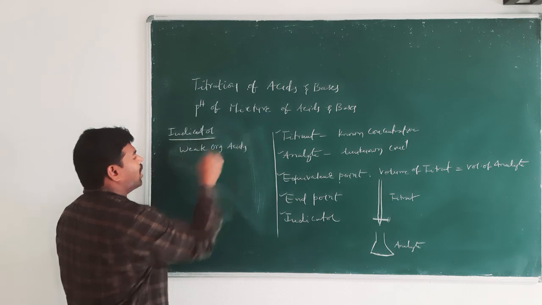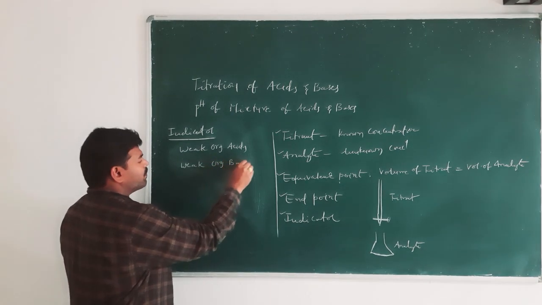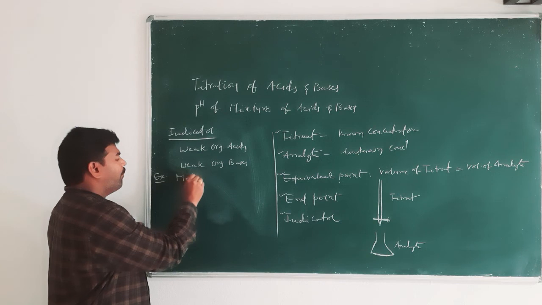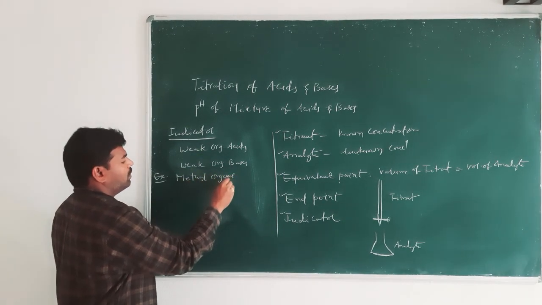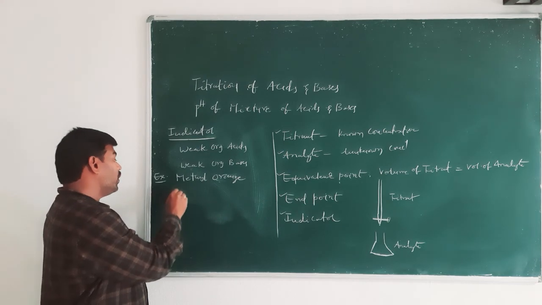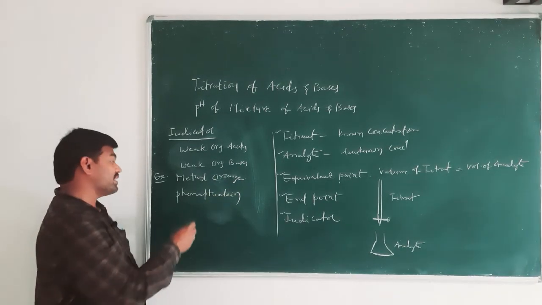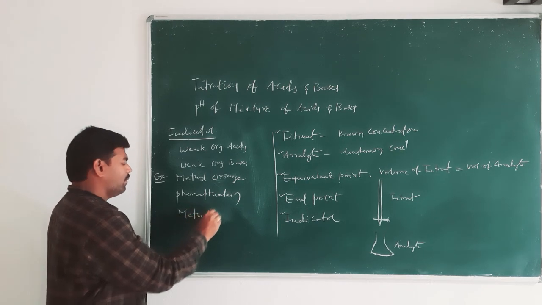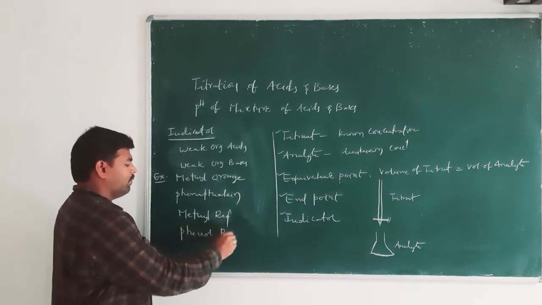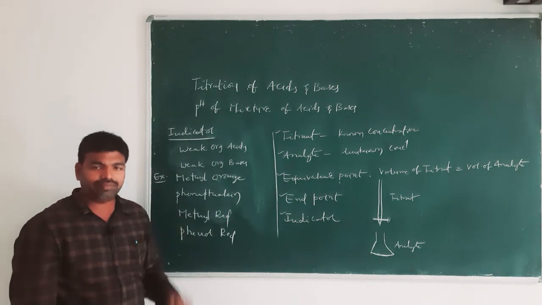Examples of indicators are methyl orange, phenolphthalein, methyl red, phenol red, etc. There are several indicators.